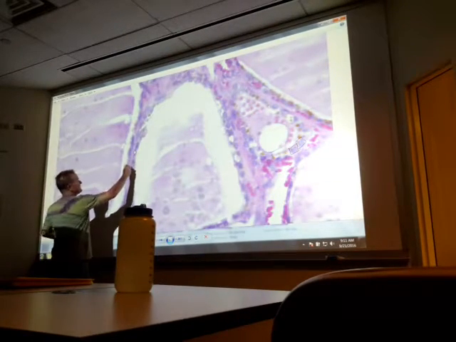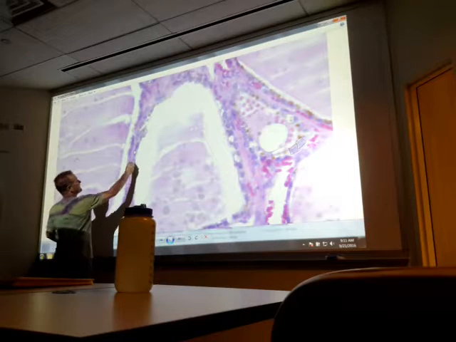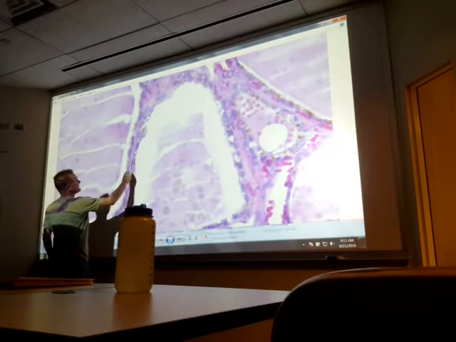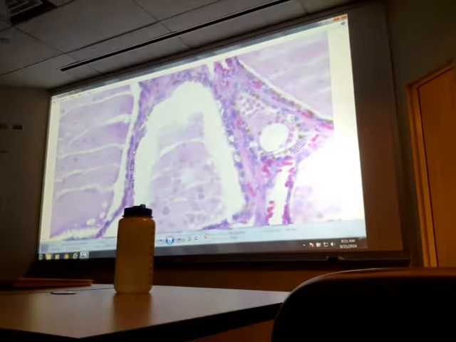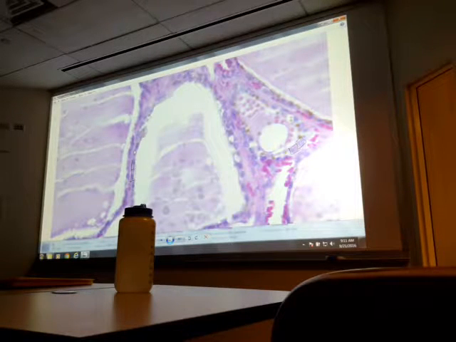These look pretty thin, more squamous, so probably more like a low cuboidal. But I generally don't ask, is this high or low? It's a conceptual type of thing to understand rather than an identification type of thing.